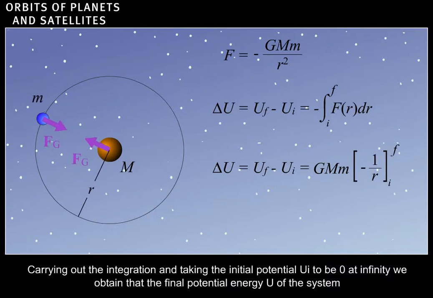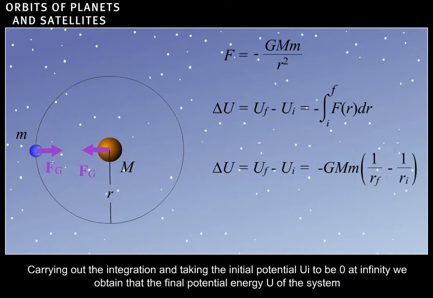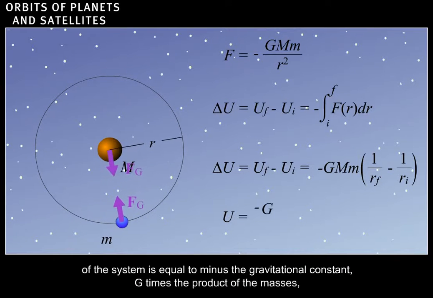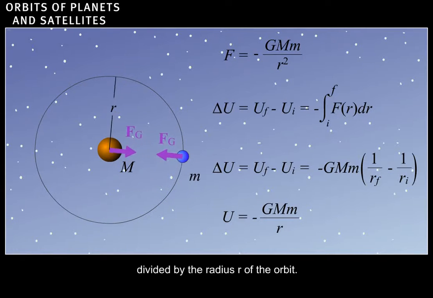Carrying out the integration and taking the initial potential Ui to be 0 at infinity, we obtain that the final potential energy U of the system is equal to minus the gravitational constant G times the product of the masses divided by the radius r of the orbit.